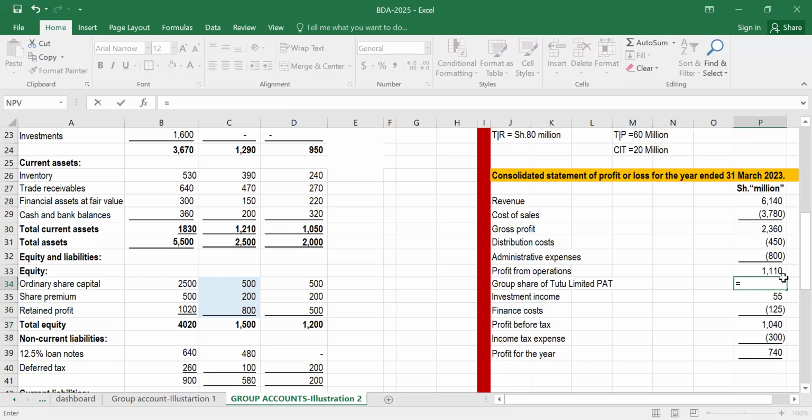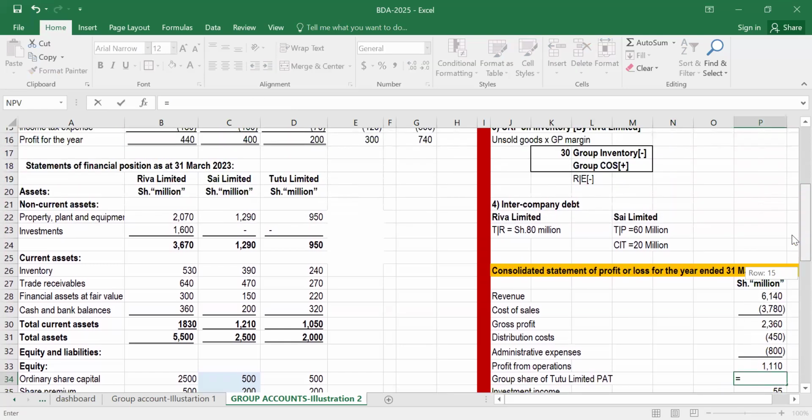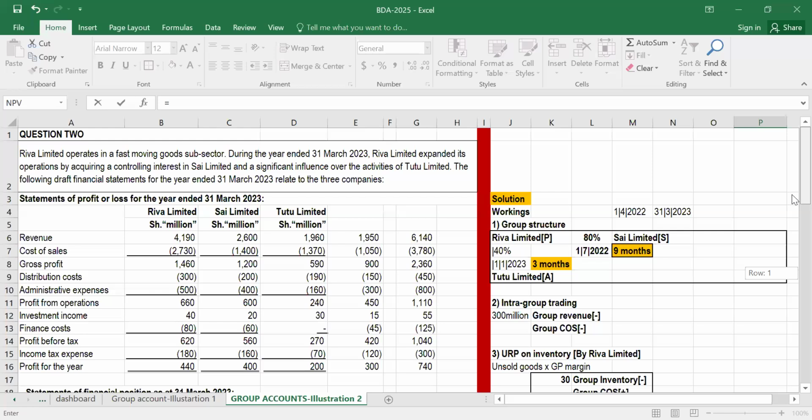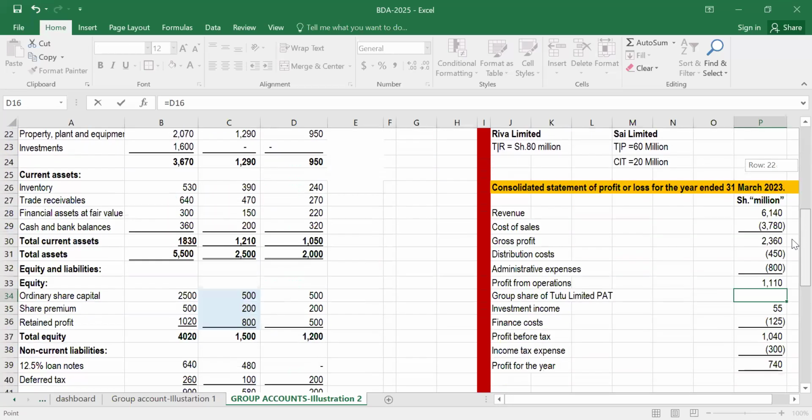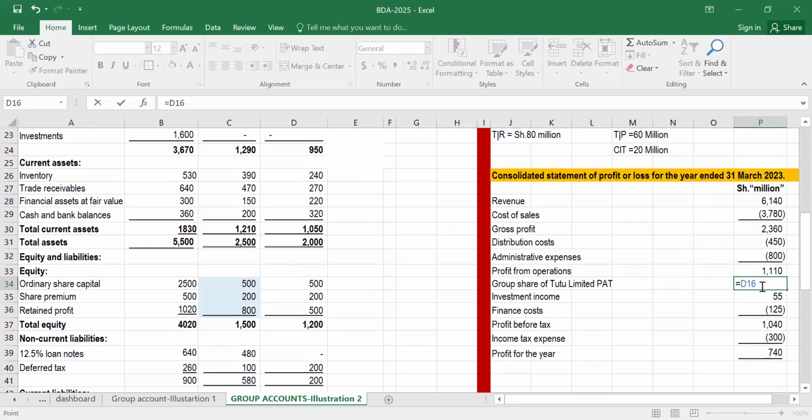To compute this one, I'll just come and take the profit after tax of 2. Profit after tax of 2 is basically what we have here. Also recall 2 was acquired 3 months to the end of the year here. So what we need to do, we first of all compute the profit for 3 months, because the parent company will only be entitled to share profit for 3 months. We multiply that with 3 all over 12. And then we get the parent company share of this.